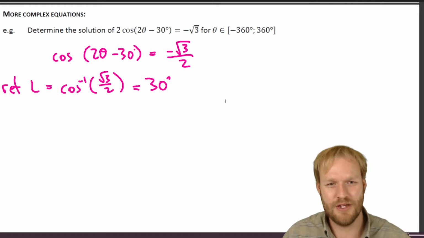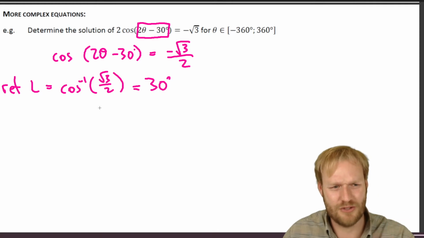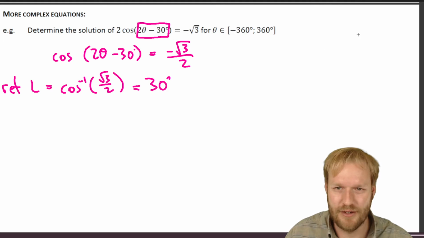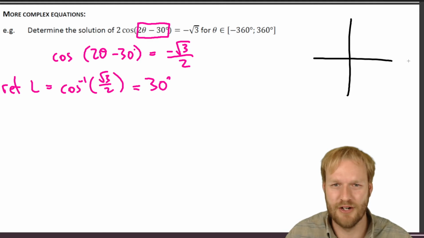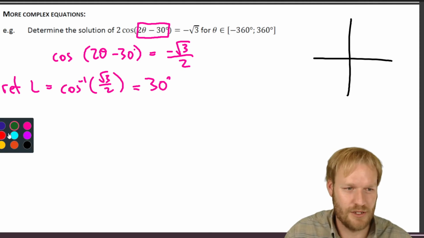Now, what we work with our reference angle is that this part here equals our reference angle. Well, sort of. Remember, we've got our beloved CAST diagram. What does our CAST diagram help us to determine? It helps us figure out what's positive and negative.